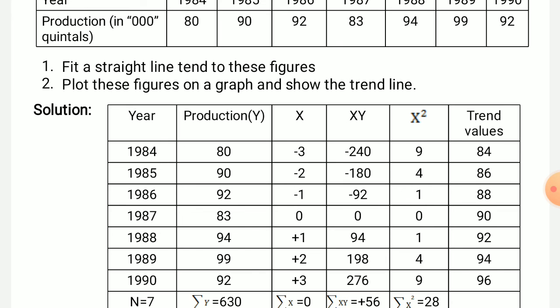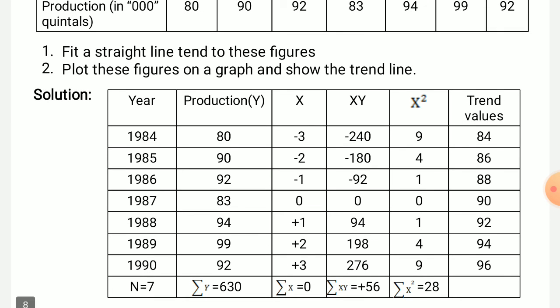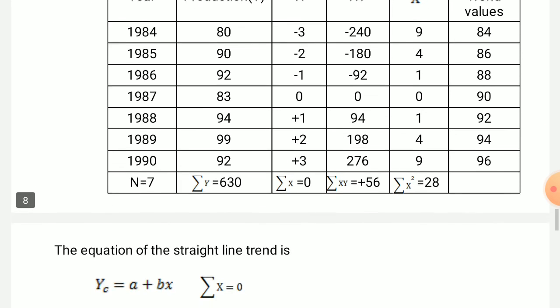We give the values of x as minus 3, minus 2, minus 1, 0, 1, 2, 3. Once the values are given, we can automatically get the trend values. Then x into y is xy.